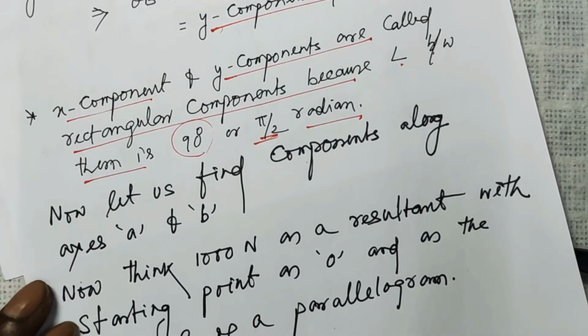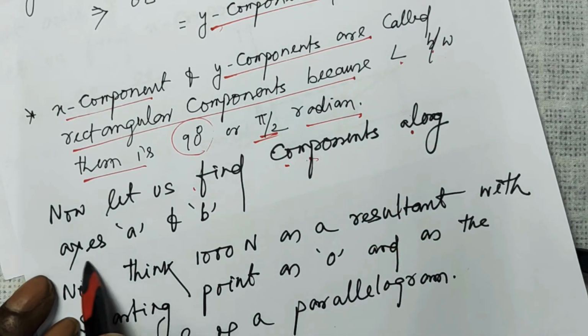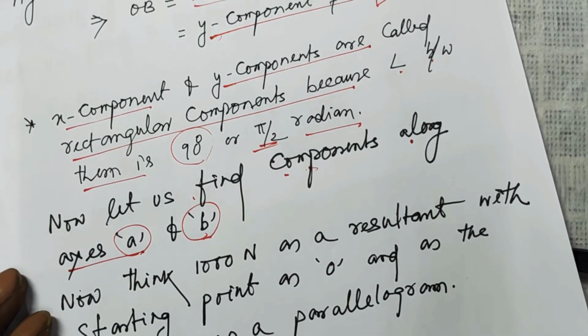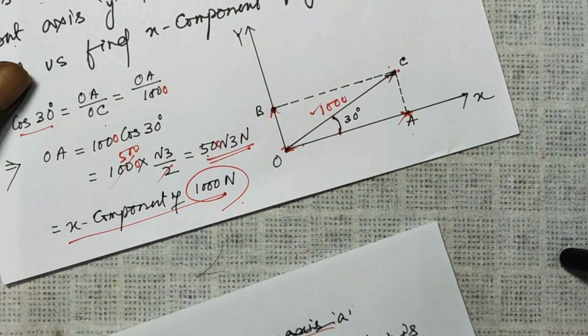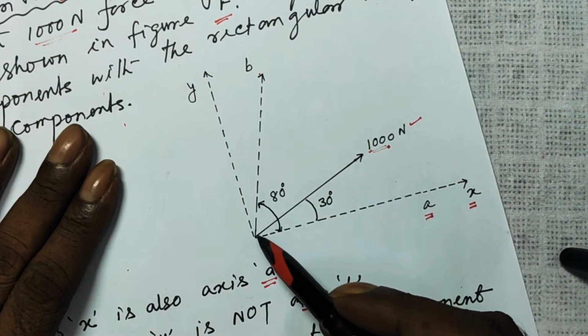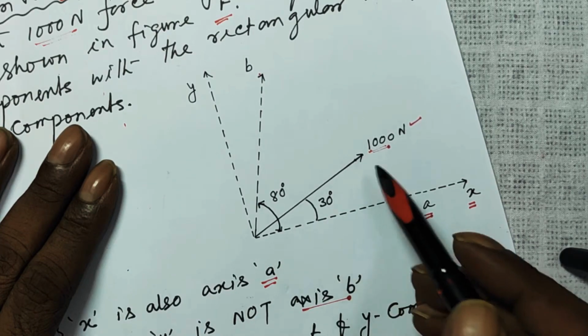Now let us find the components of the 1000 Newton force along axis A and B. I have made another diagram for you. Think of this as a resultant and diagonal.